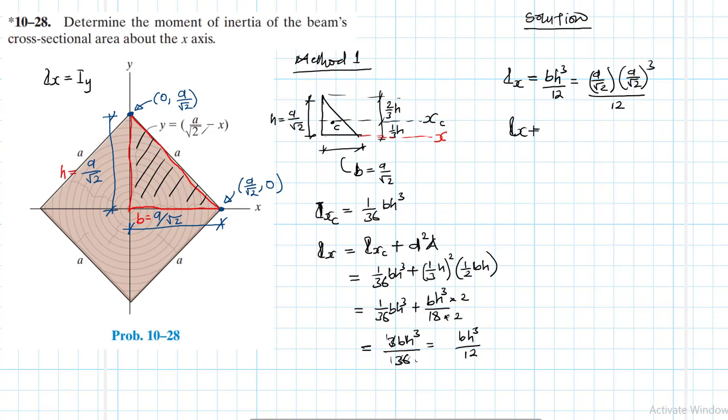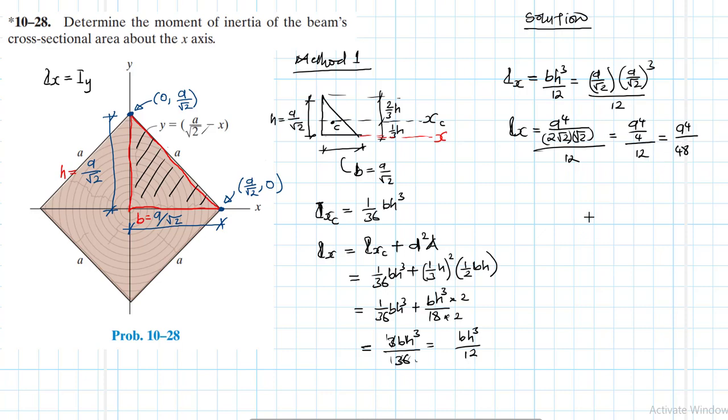If we simplify this, we have a to the power 4, and in the bottom, root 2 to the power 3 is just 2 root 2, and then we have another root 2 that we are multiplying, and then everything divided by 4. So this becomes a to the power 4 divided by 4 times 4, which eventually becomes a to the power 4 divided by 48.